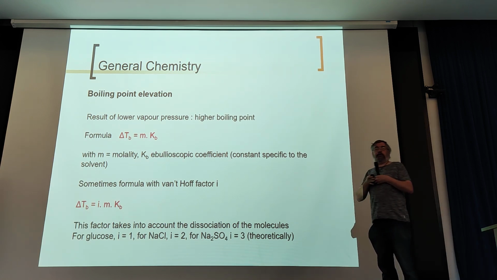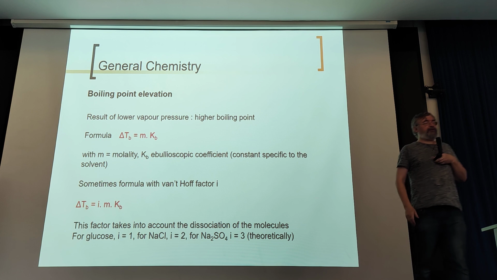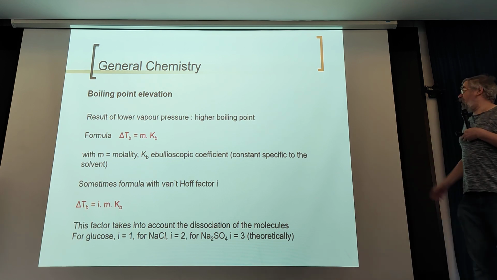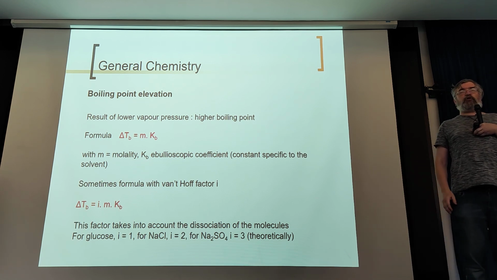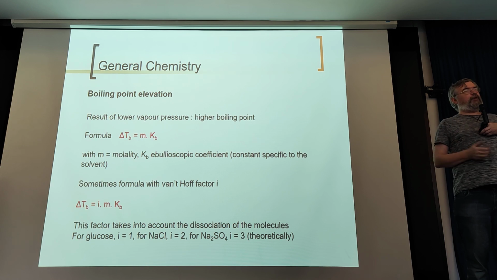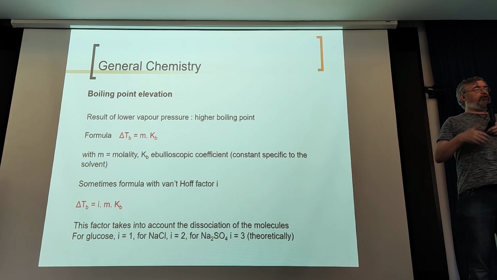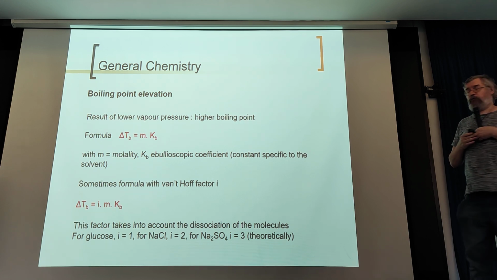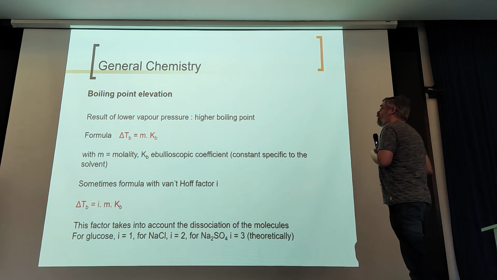That means we can actually do calculations with this. The KBs of the most common solvents are known. So that means now we can either calculate how much is going to be the difference in boiling point, or if you measure the boiling point, we can measure the molality. And from that we can also get some additional data.